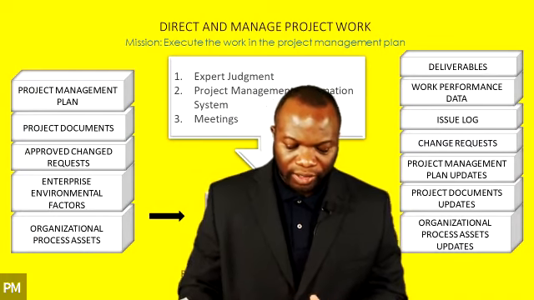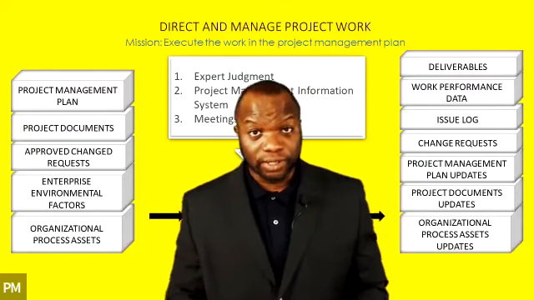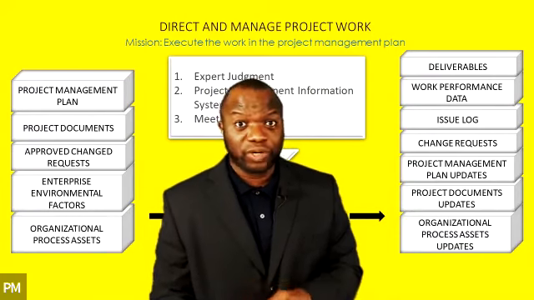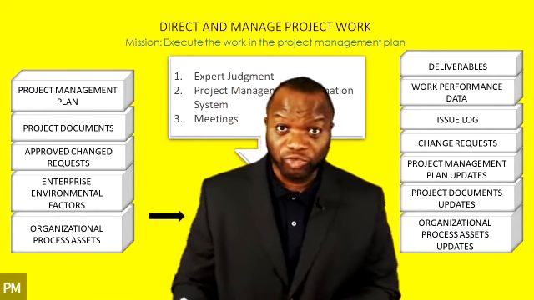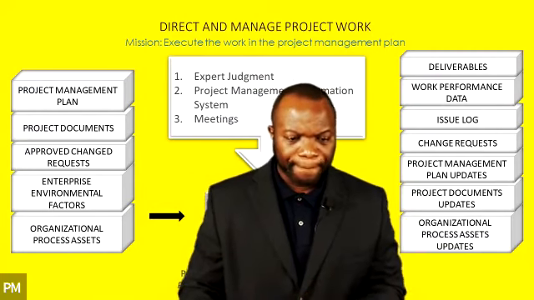Automated gathering and reporting on key performance indicators can be part of this system. So just think any system used to manage project information, keep it straight. That's exactly what they're talking about here, okay?